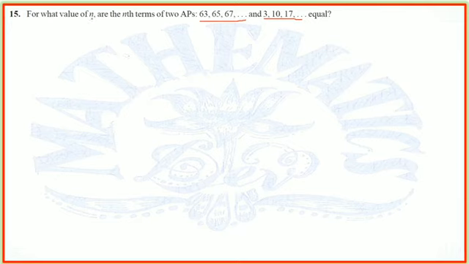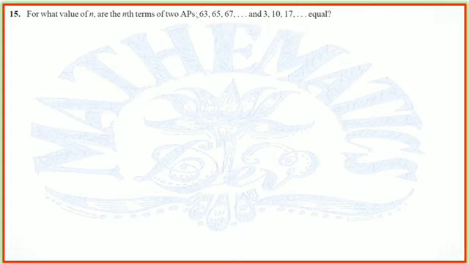So for what value of n are the nth terms of two APs equal? That means somewhere the 55th term of this AP, for example, and the 55th term of this AP may be equal if we continue in this process. That is what the question is.